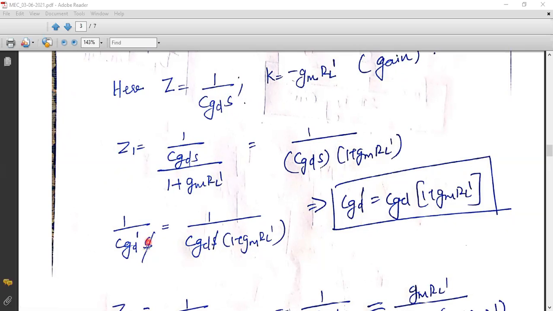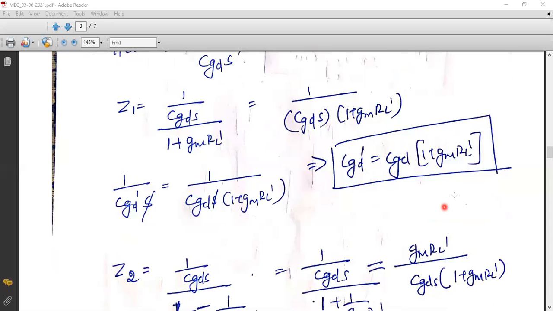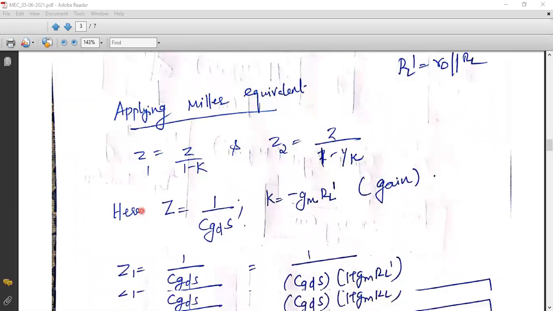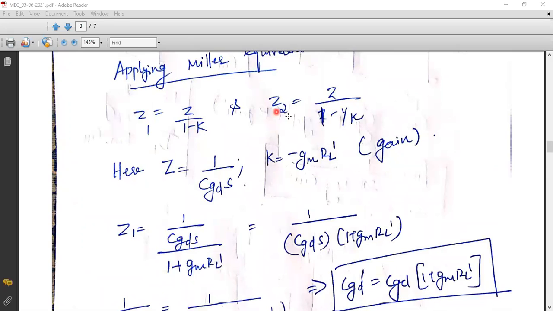And from both sides, you can cancel S and take the reciprocal. And finally, the new capacitance will be written as CGD into 1 plus gm into RL dash. So this is the new value of the capacitance after applying Miller theorem, referring to Z1 alone. Now we need to go with Z2.